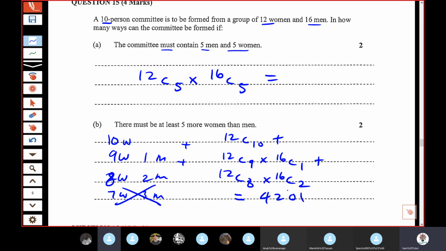Yeah, but mine's so big, so I don't know if I did it. Hold on, let me check. I'm going to do it as well now. 12 choose 10 plus 12 choose 9 times 16 choose 1 plus 12 choose 8 times 16 choose 2. 62,986, that's what I got. Let's see what you've done wrong.